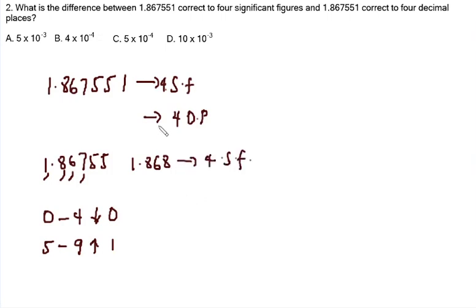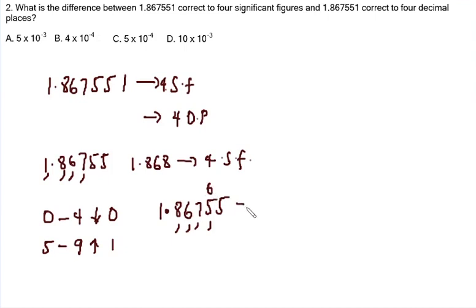So for my second one, approximating to 4 decimal places, I have 1.86755. Now counting from the point onto the next 4 places, I have 1, 2, 3, 4. And I'll still do the same trick I did with my approximation. 5 approximated into 1 and added onto this number will become 6.